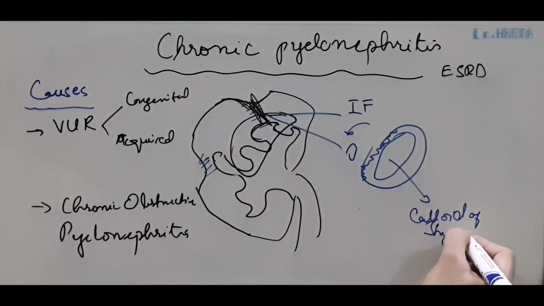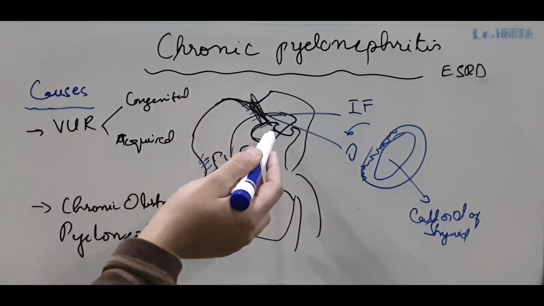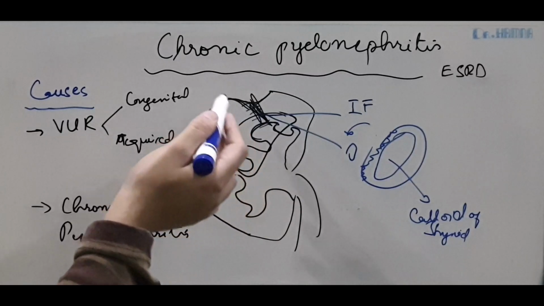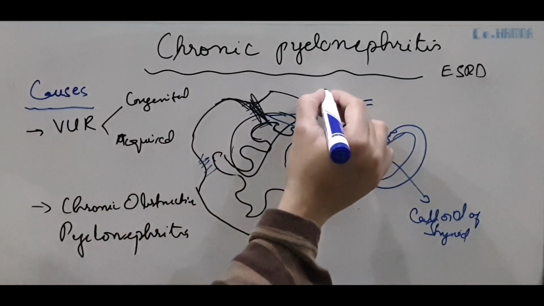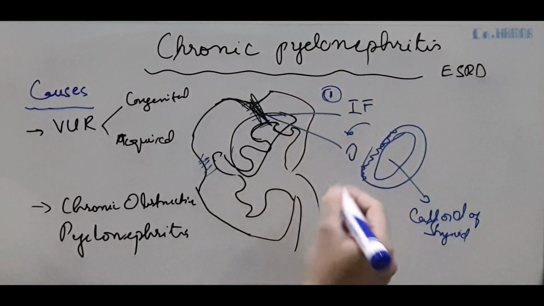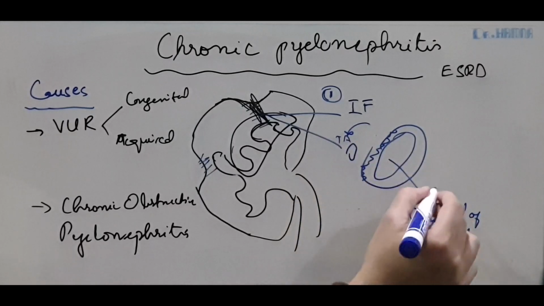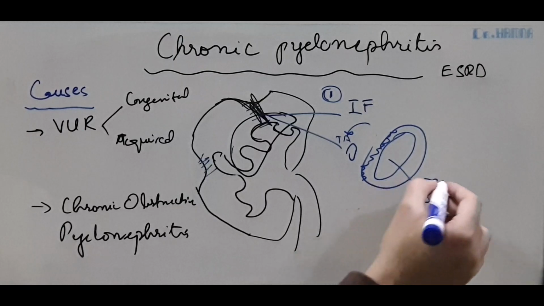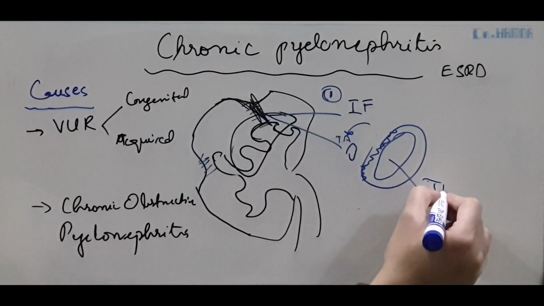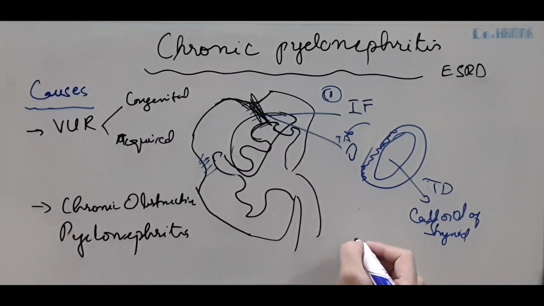And as this fibrosis progressed from the medullary region into the cortex, there was loss of the glomeruli in this region. First change was interstitial fibrosis, second change was tubular atrophy, third change was associated tubular dilation and thyroidization, and then the fourth change was loss of glomeruli.